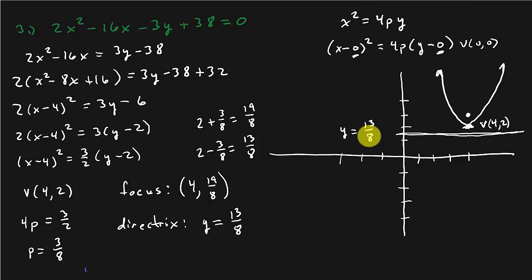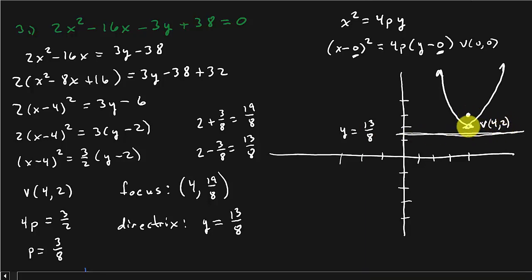Whenever you're having to find the focus, the directrix, the vertex, all that stuff, the easiest thing to do to get your focus and directrix is to have a picture of it. Look and see, okay, this parabola is opening up. So I know to get to the focus, I'm going to have to add p to the y coordinate.